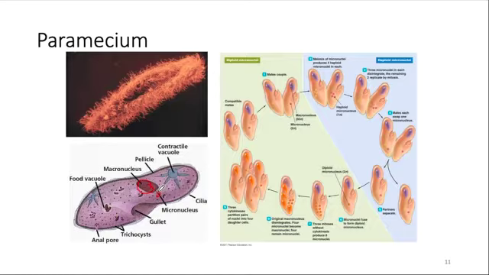And during conjugation, you have two organisms, a pair, coming together, and there are divisions of the micronucleus, and then there's an exchange of the micronucleus. Then those micronuclei will fuse, the macronucleus will disintegrate, and then one of the micronuclei will become a macronucleus, and then the cycle continues. So there is a very distinct difference between this conjugation and the one that occurs in bacteria.